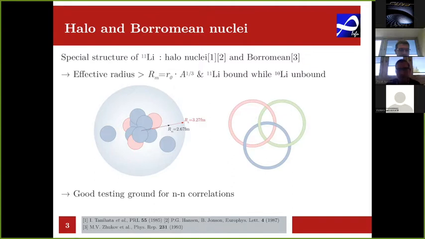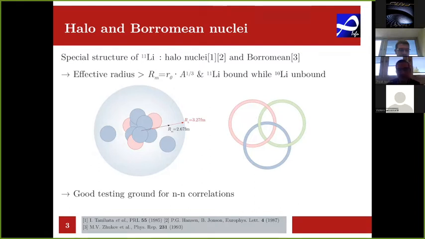So a halo nucleus is a nucleus that can be modeled by a core surrounded by a halo of neutrons. So in our case, I would take the example of lithium-11. It's a core of lithium-9 surrounded by a halo of 2 neutrons, and it causes the effective radius of the nucleus to be significantly larger than the one we expect.